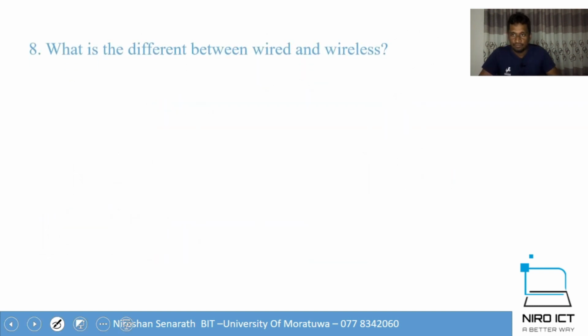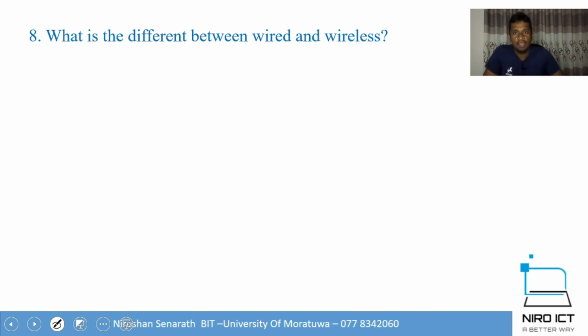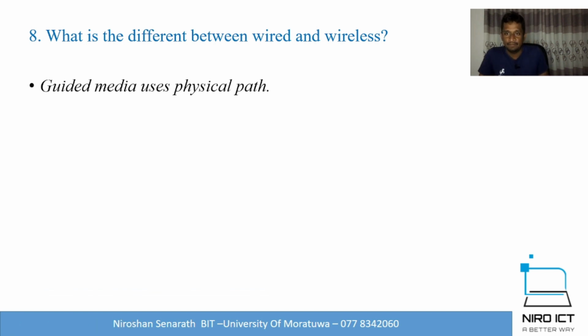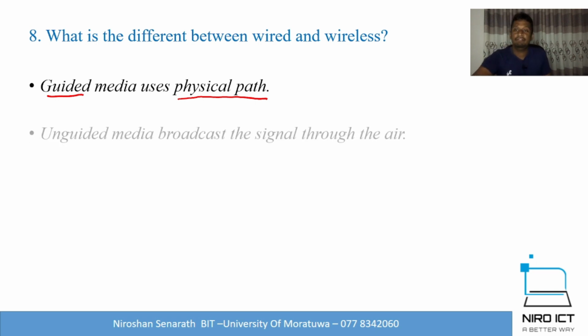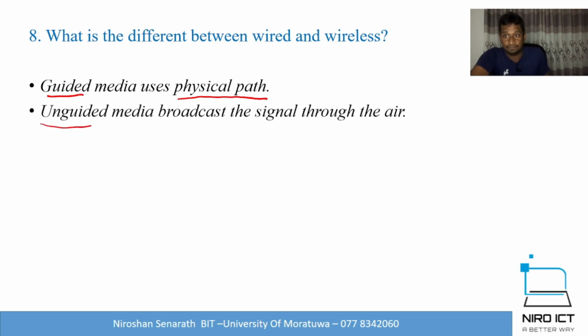Right, so what is the difference between wired and wireless? That is, guided and unguided. Guided media uses a physical path, I mean a physical connection. If it is guided or wired, then there's a physical path. But if it is unguided, there is no physical path and the signal is broadcast through the air. That is very popular.